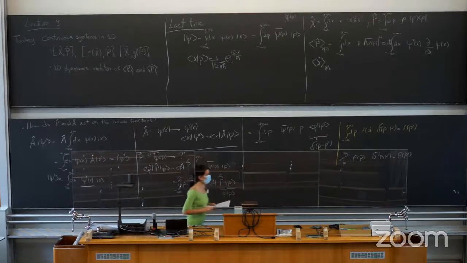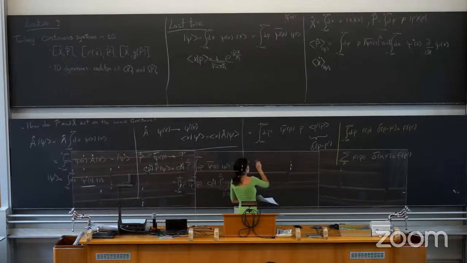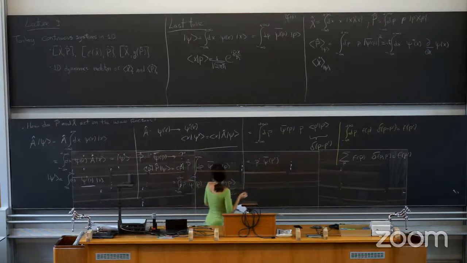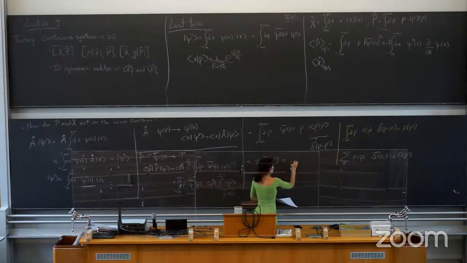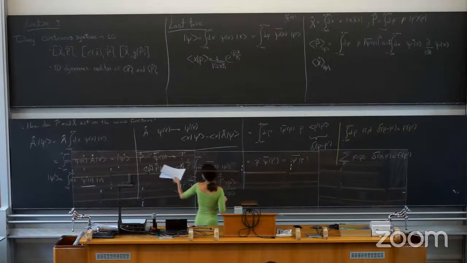And there are lots of subtleties if you care about the maths, but if you just want to do physics, this is all we need. So then we get p prime times our new wave function at the point p prime. So let's rewrite everything.